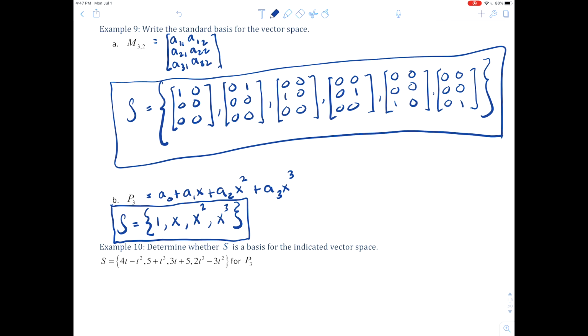And then the standard basis for the set of all 3 by 2 matrices had what? Awesome, 6 vectors. So therefore, all matrices of size 3 by 2 have a basis with 6 vectors. And look, isn't 3 times 2 6? Maybe that might be helpful.